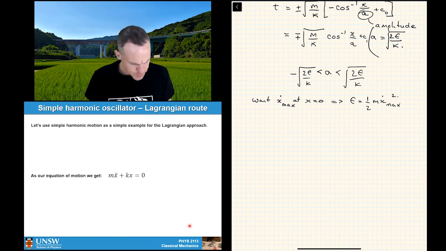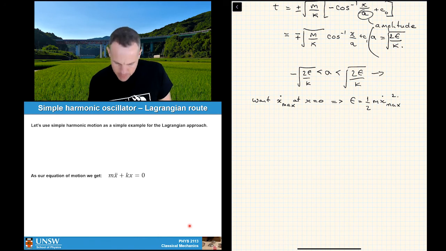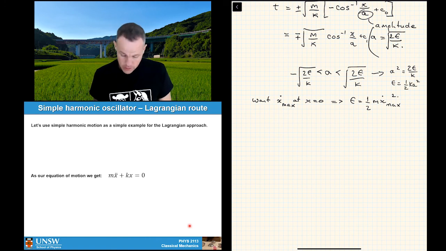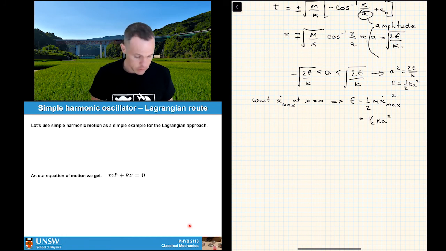And we know also from up here that a squared is equal to 2E on k, and that means that E is equal to a half k a squared, right? So we can write that in here as well, half k a squared.